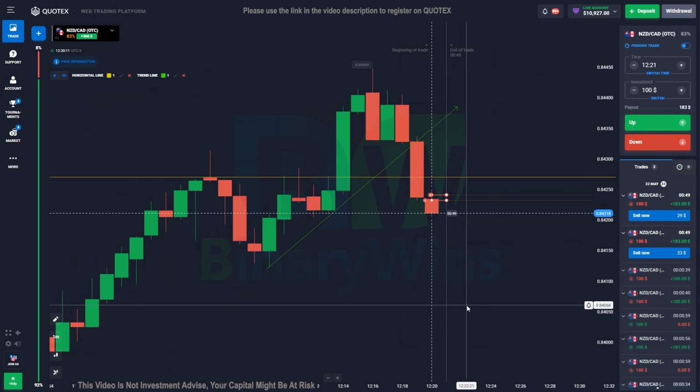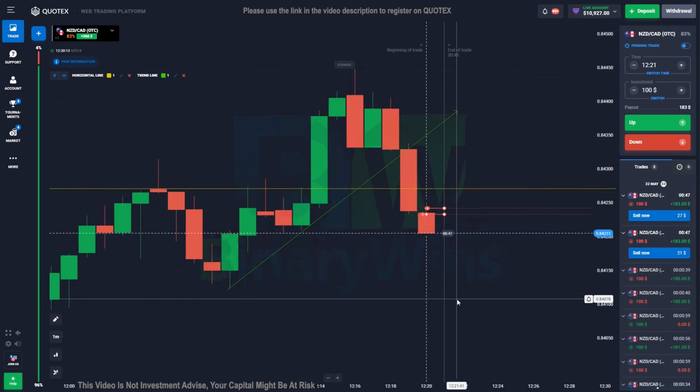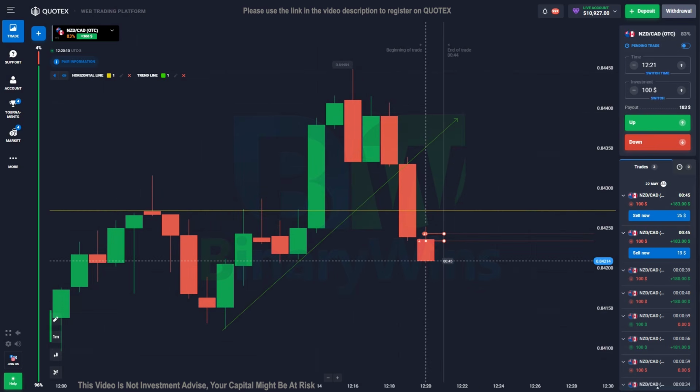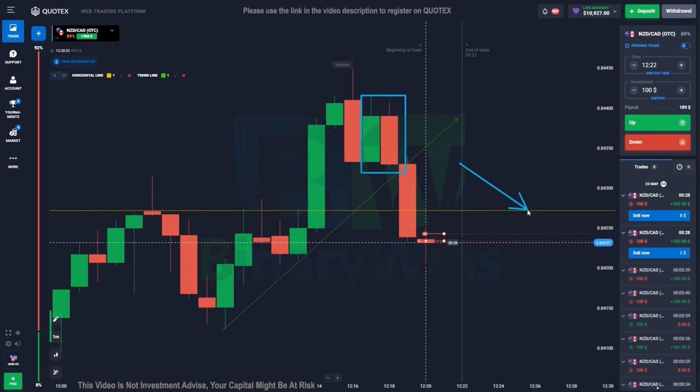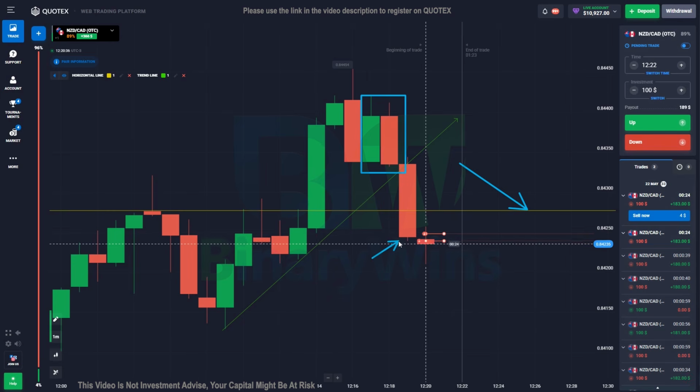I entered 2 lower trades. Why? The red candle engulfed our green candle. A strong red candle formed that crossed our left level, you see? And it made a new low for us.